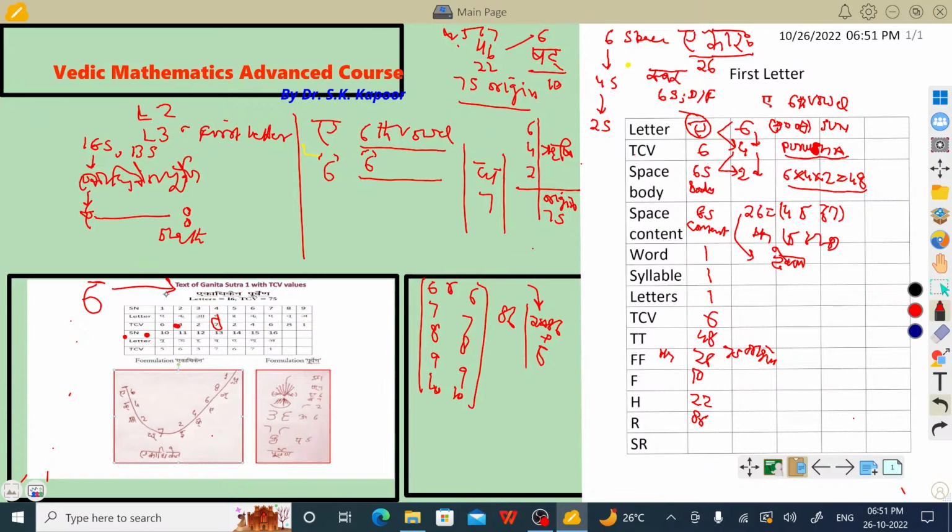This way makes 6 as the structural key of Ganita Sutra 1, and the second step value 4 as dimension of 6 space becomes the structural key of Ganita Sutra 2. This way, these 16 letters of the text of Ganita Sutra 1 preserve the structural keys of all these 16 sutras.